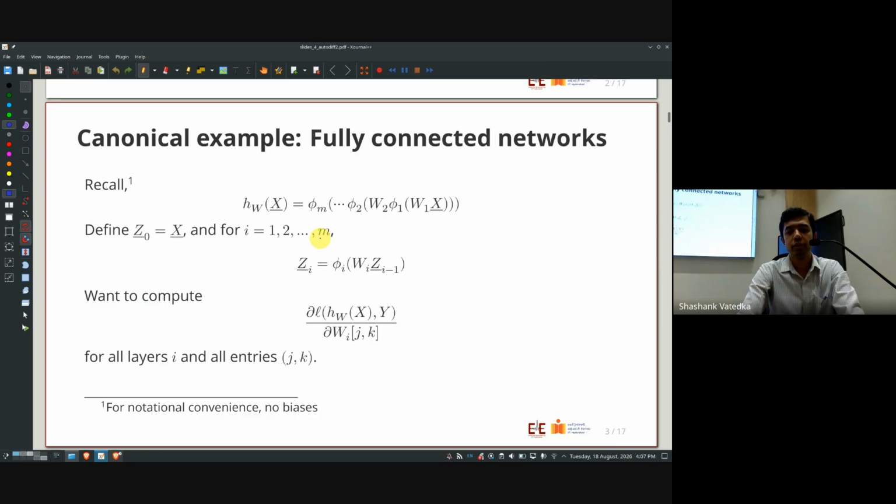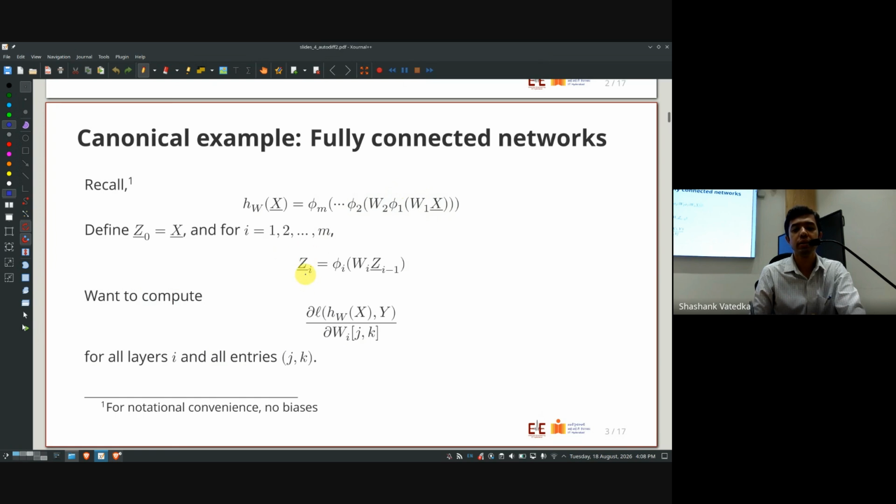So we'll mainly focus on fully connected networks, where in each layer, the input or the activation to the ith layer is first multiplied with a weight matrix W, and then you apply an activation function phi_i on that W times X. So we'll use a little bit of notation.